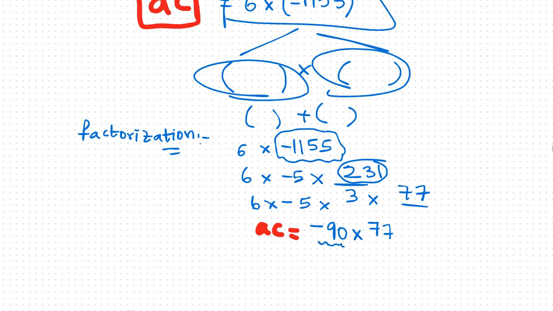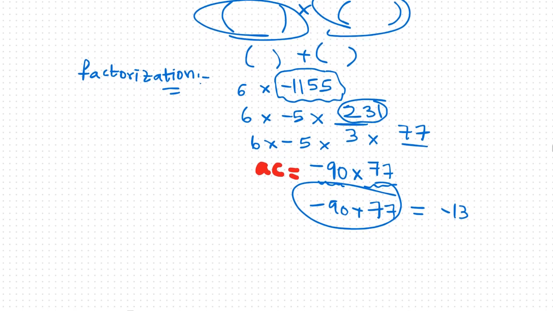So now that you have written it as two numbers, these are the ones we are looking for, because negative 90 and 77, if you add them, you'll get negative 13. So you are getting the middle one, right?